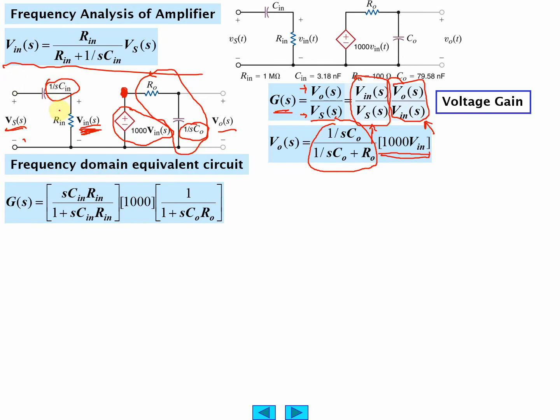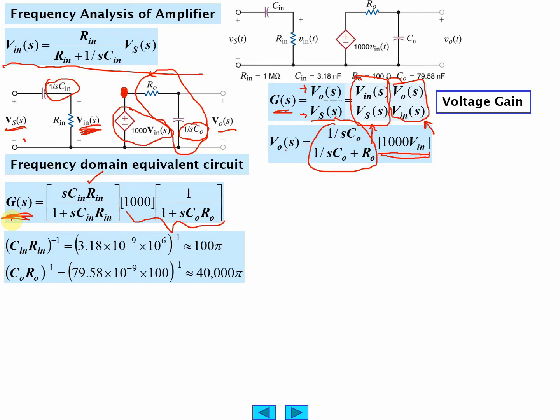Let's see, this is Vn over Vs right here. And we rationalize it. Same thing here, Vn over Vs. Or excuse me, V out over Vn right here. These two factors. So we get the voltage gain, and multiply our stuff together.